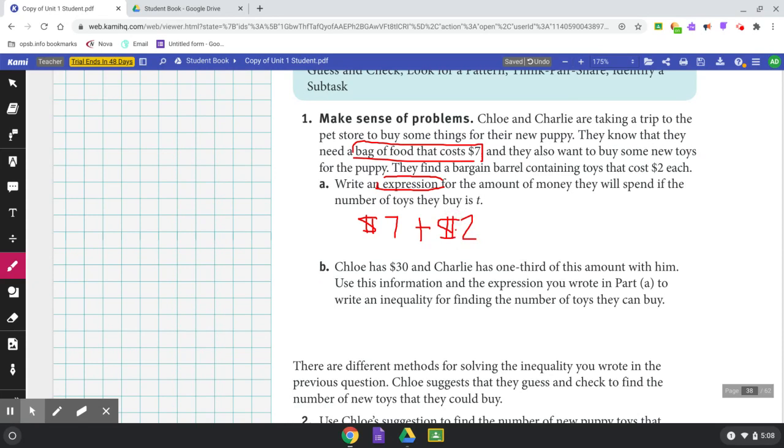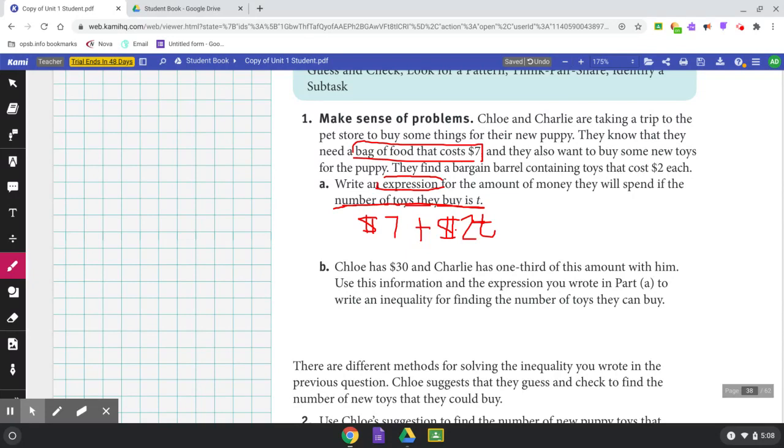That's better. $2 each. Well, $2 times how many toys they are purchasing. Well, how many toys are they purchasing? We don't know yet. That's what we're trying to figure out. But we know that the number of toys they buy is T. So it's $2 times T. So the total cost that they spend, I'm trying to write T there. Okay. The total cost they spend is $7 plus $2 times T.